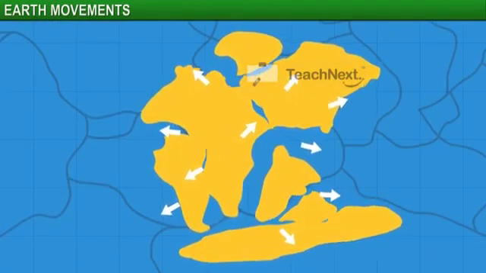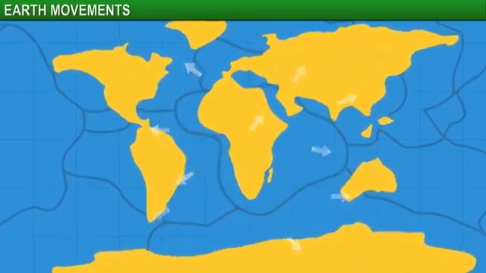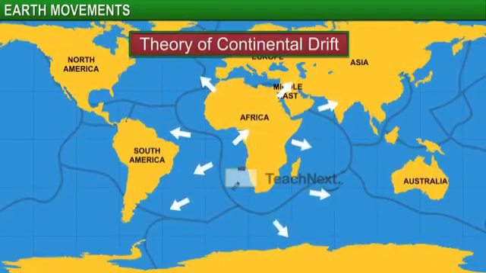The theory of the splitting of the big landmass into 7 big continents is known as the theory of continental drift.